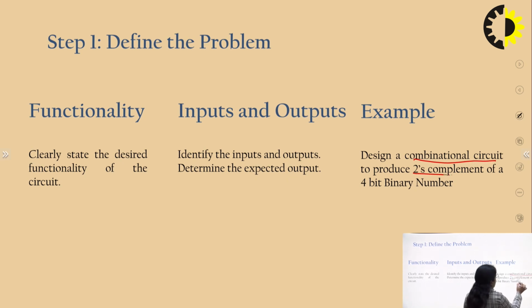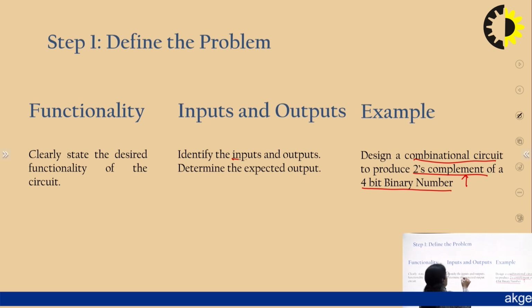The output is the 2's complement and the input will be a 4-bit binary number. As I defined the problem, I have to clearly state the desired functionality. That desired functionality is that the circuit has to work as a 2's complement circuit, and the input is a 4-bit binary number, and obviously the output will be a 4-bit number, but it is the 2's complement of the given number.